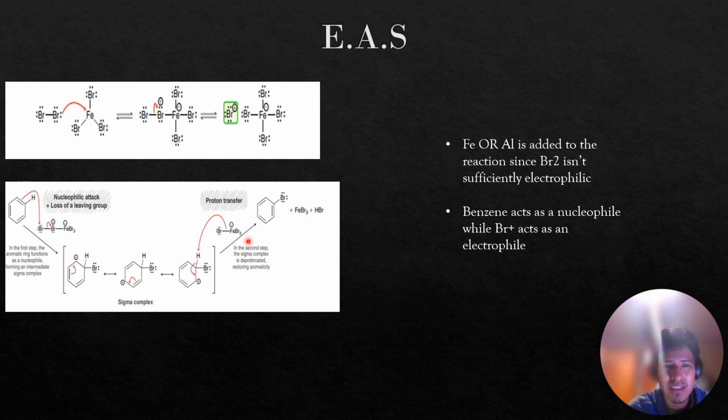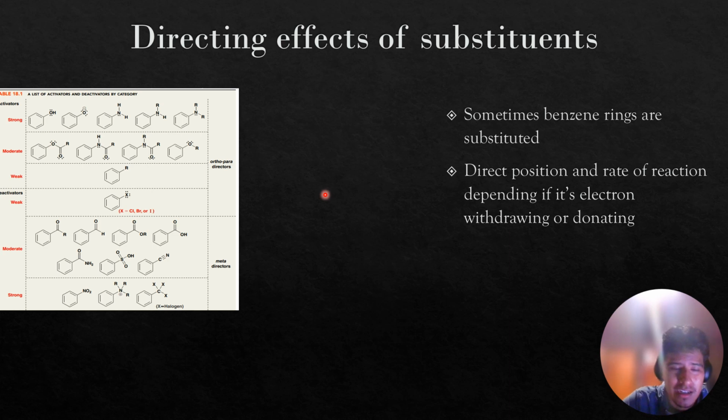Sometimes on the benzene ring there are substituents which actually direct where the bromine would appear on the benzene ring. For example, if we were to have, let's say, an electron donating group, it would not only direct the bromine, but it would actually make the reaction go a lot faster than if it were just a benzene ring alone.